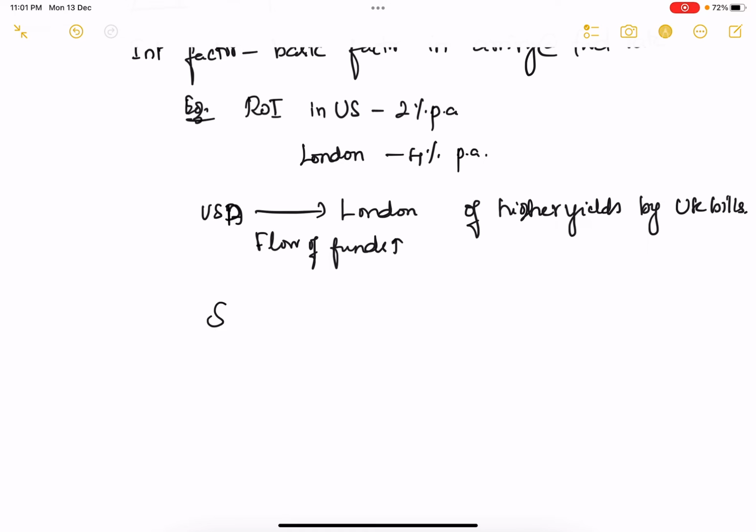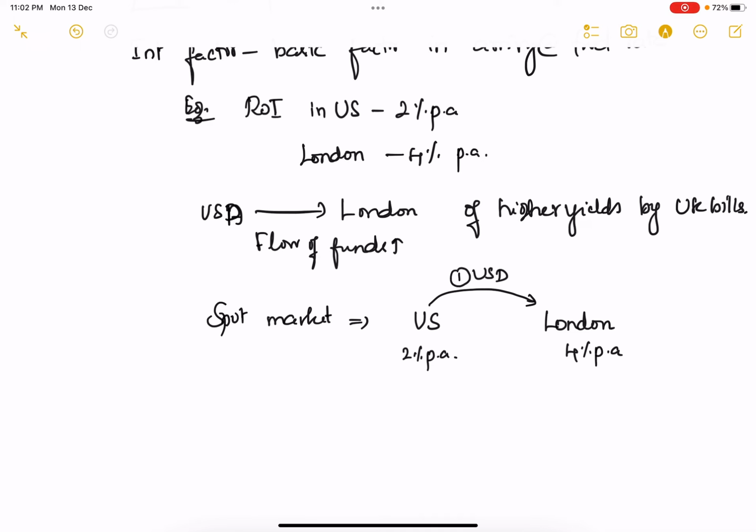For example, in the spot market, this London market has 4% per annum for similar goods, whereas in the US it is 2% per annum. So the US is giving its USD to London in order to get GBP from London.